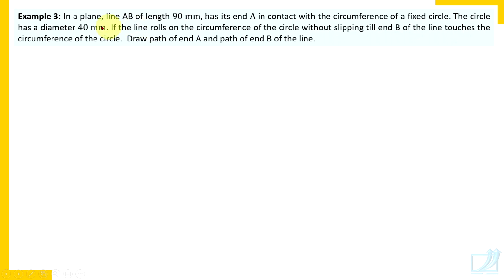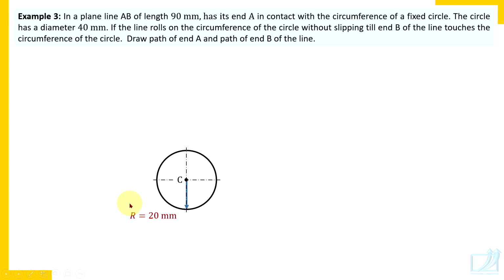Let's construct the curve for all given dimensions. So draw horizontal, vertical center lines, locate center, then complete the circle. Draw that line 90 mm long. Now it is not a flexible thing unlike wire. Imagine it as a rigid rod which rolls on circumference of a disc.